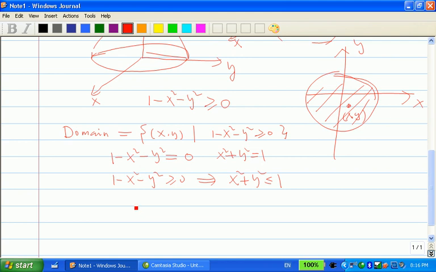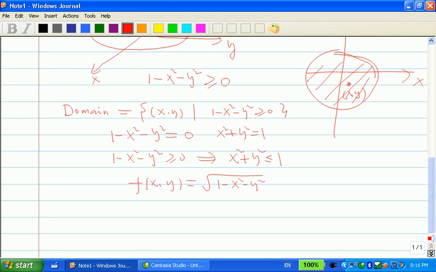Obviously, since my f(x,y) here is the square root of 1 minus x squared minus y squared, we know the square root cannot be a negative number, so this is always non-negative. Okay.